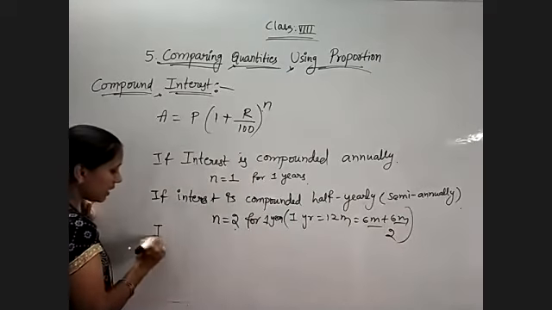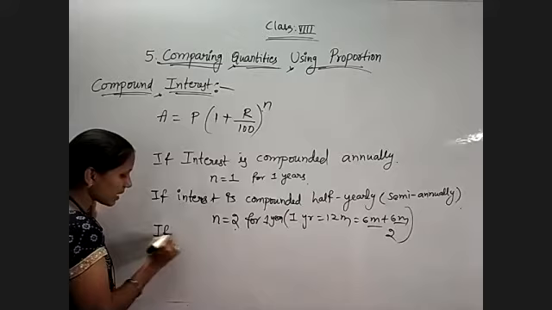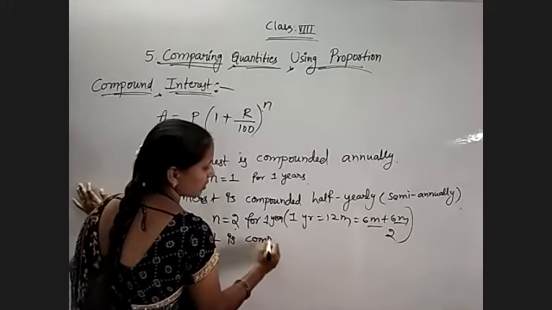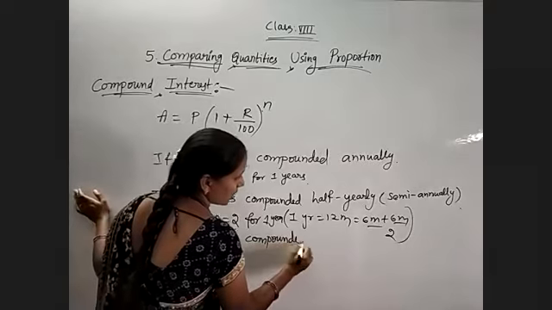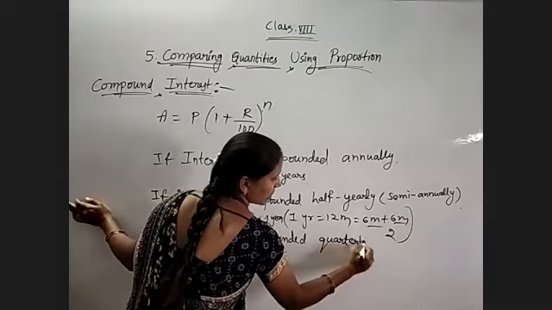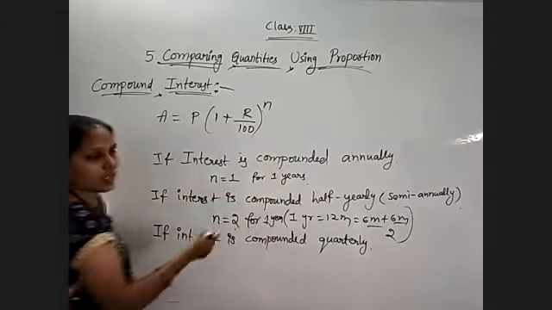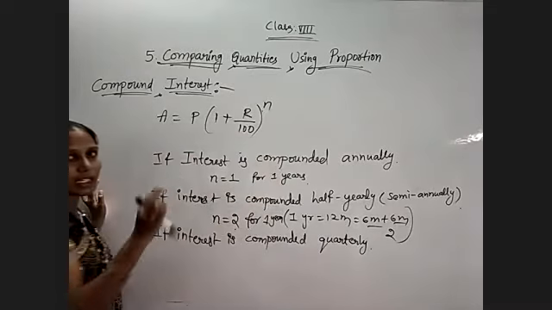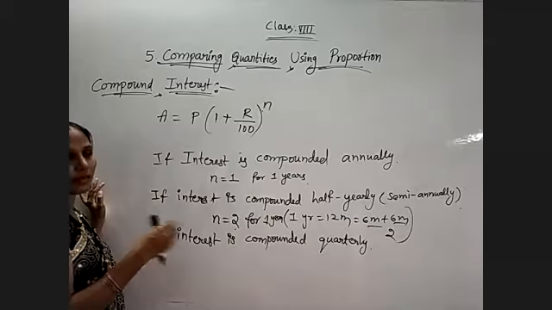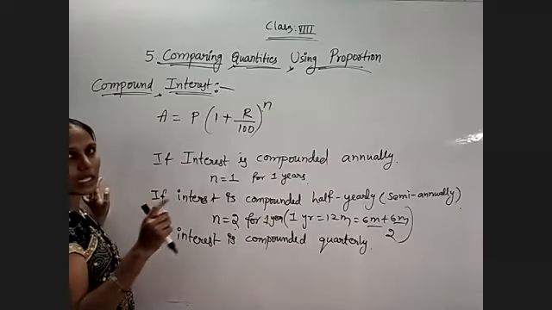And if the interest is compounded quarterly, quarter is nothing but 4 times. So 12 months are divided into 4 equal parts. How many months do we get for 1 equal part? 3.